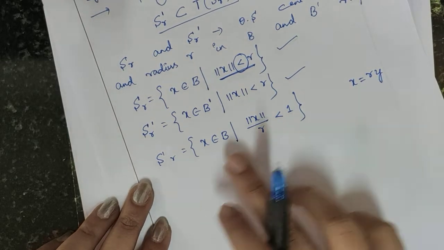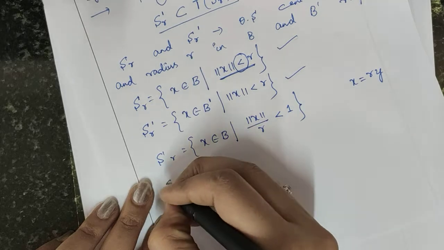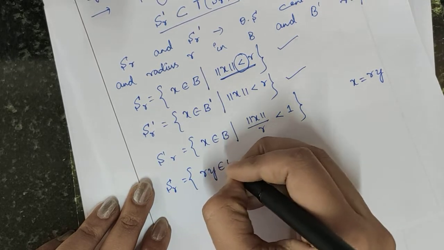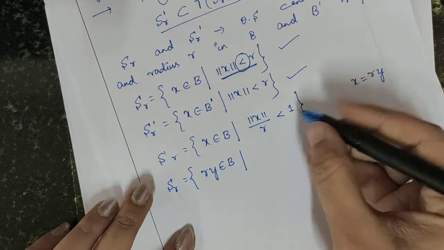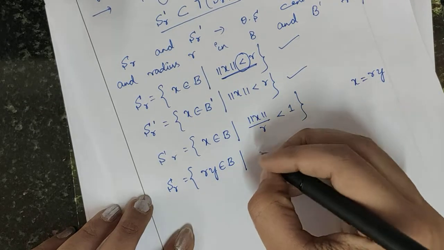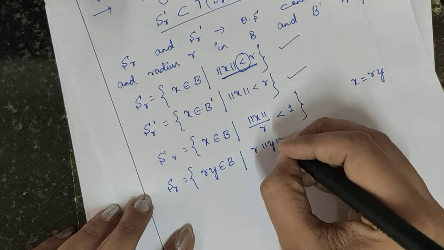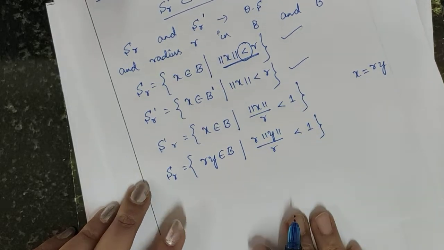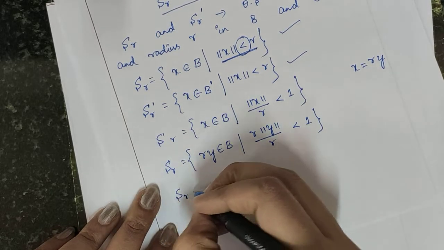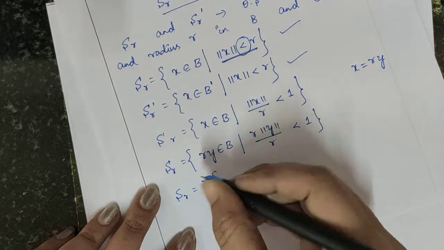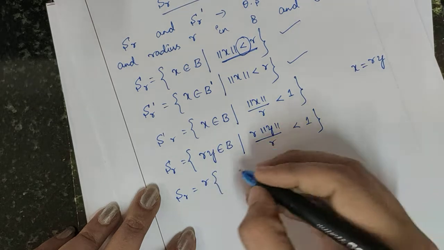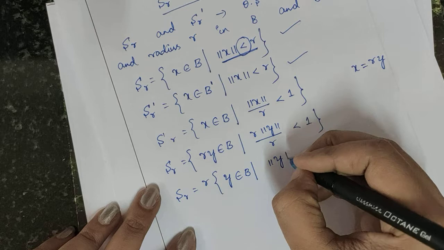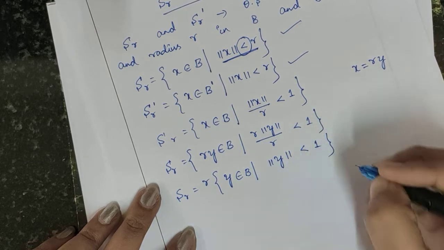So if X is equal to Ry, this set becomes SR is equal to Ry belongs to B such that I can write norm X as R into norm Y divided by R, which is less than 1. Or we can write this as SR is equal to R into, since R is some real number I am taking it out, Y belongs to B such that norm Y is less than 1.